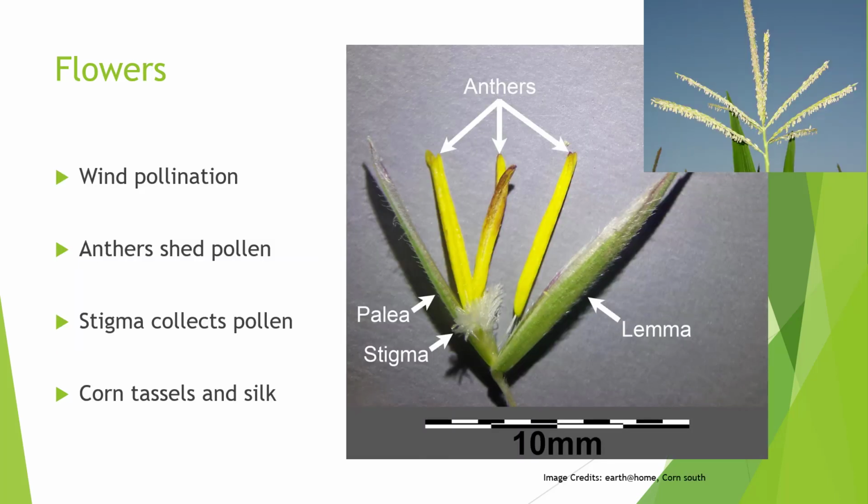Their flowers. Now, we're going to cover flower anatomy later, so don't worry if these terms seem a little weird, but flowers of grass are made for wind pollination, so they will want to shed their pollen directly into the wind. You're not going to see a bumblebee landing on a grass flower, and these flowers are kind of weird. You see that palea and lemma? Those are terms we're only going to use in regards to grasses.